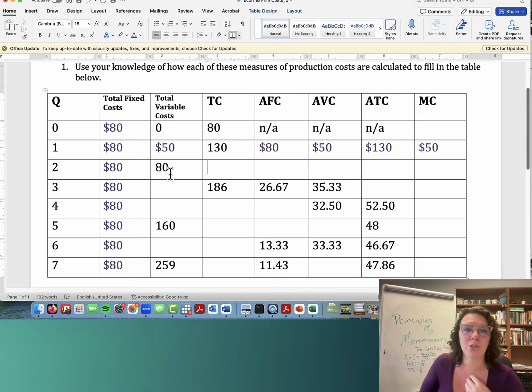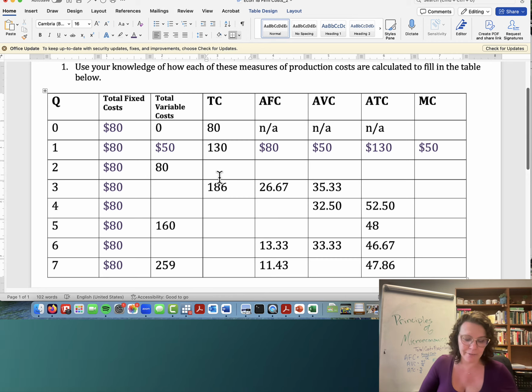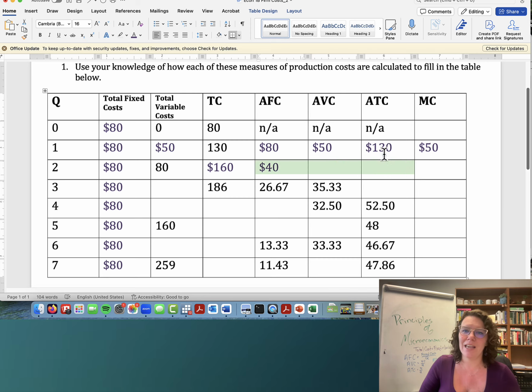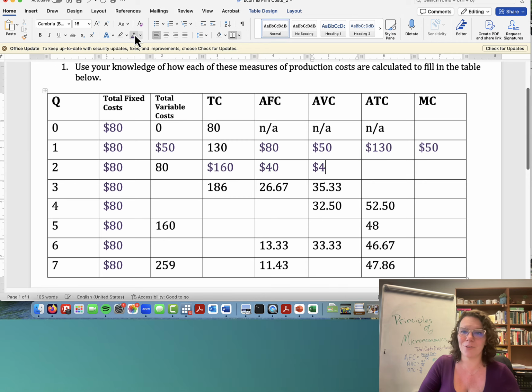For a quantity of 2, we can find total cost by adding fixed plus variable, and that will give us $160. Average fixed cost is going to be 80 divided by 2, or $40. Average variable cost is also going to be 80 divided by 2, which is another $40.